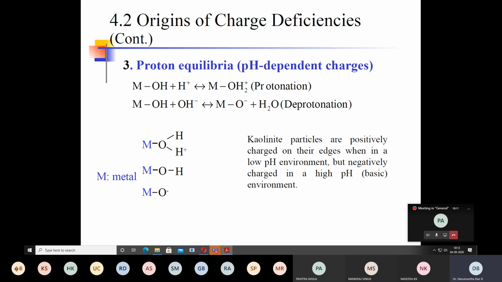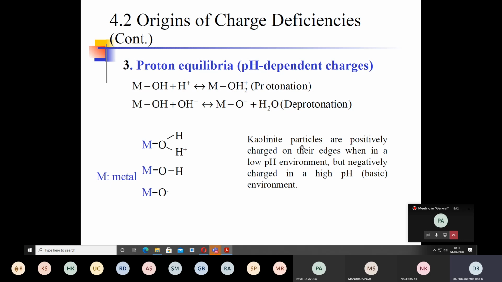In soil particles also, there is a possibility of increase or decrease in the pH, although most soils maintain a pH between 6 to 8, almost neutral condition, but you can also see some extremity in some varieties of soils. This pH dependence also causes some charge deficiency on the particles, as you can see here.